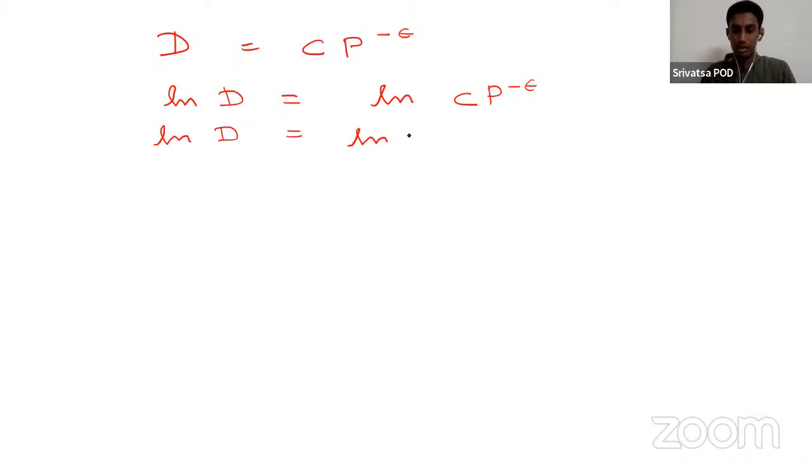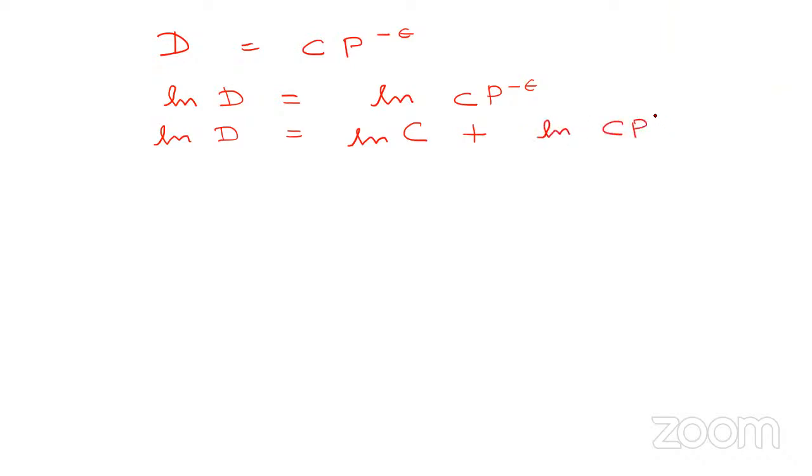So we have ln C, the natural logarithm of C, plus the natural logarithm of P power minus epsilon. You need to remove C from the second part. Yes, sorry. So you wouldn't have this, it is ln P power minus epsilon. You're right.